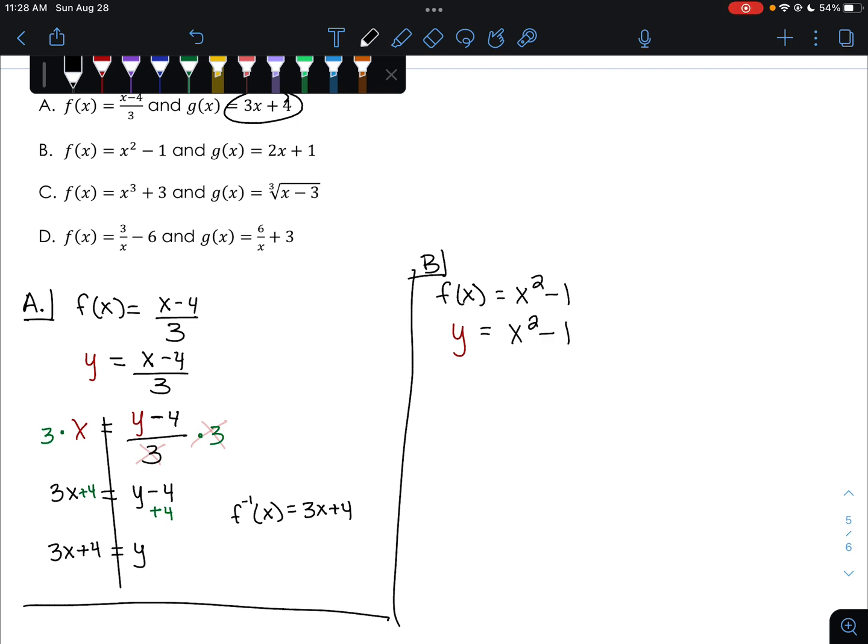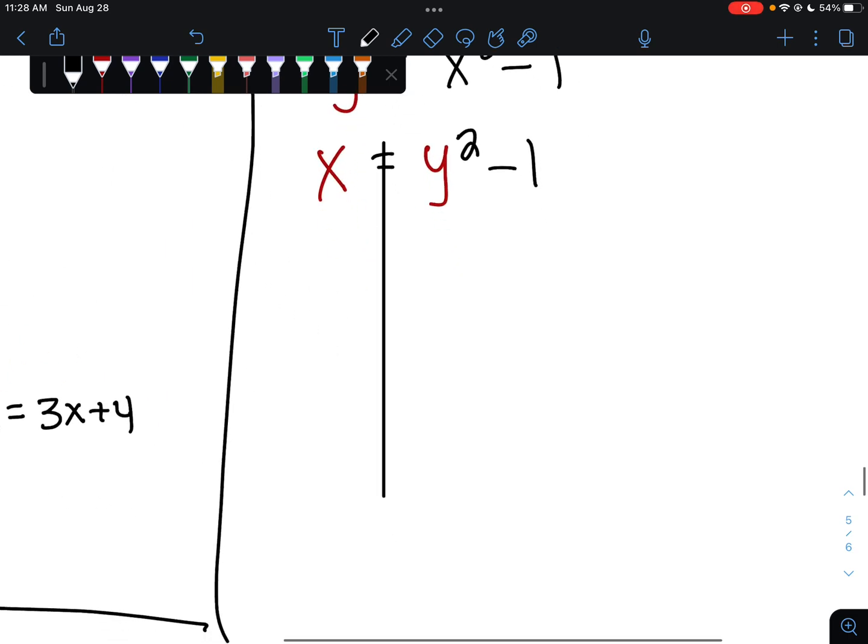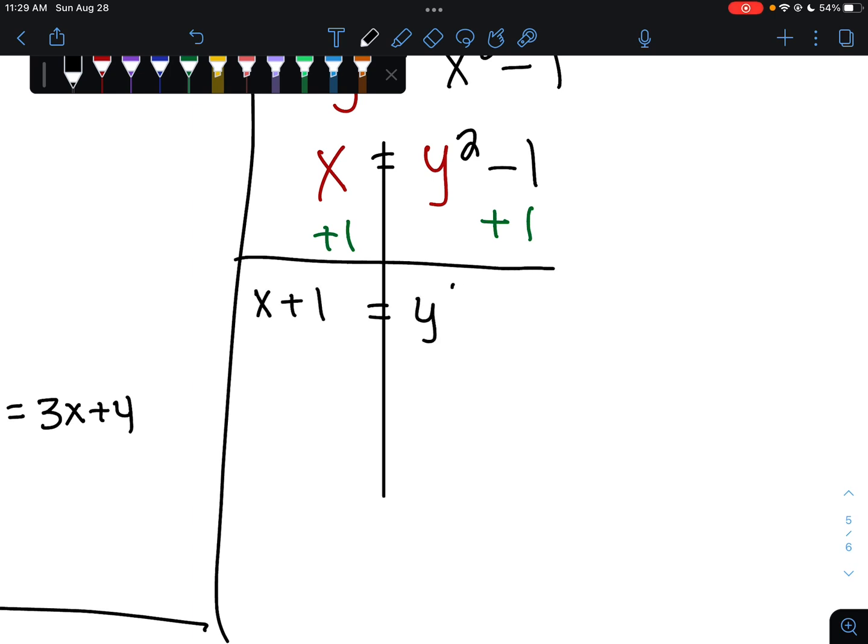And then I change my x and my y. I solve for y now. So I add 1 to both sides. That gives me x plus 1 equals y squared.